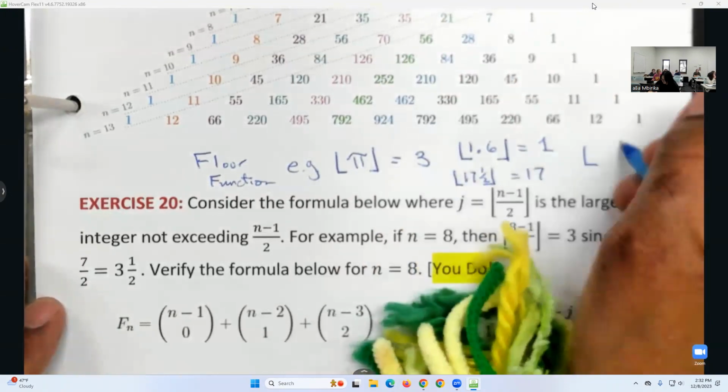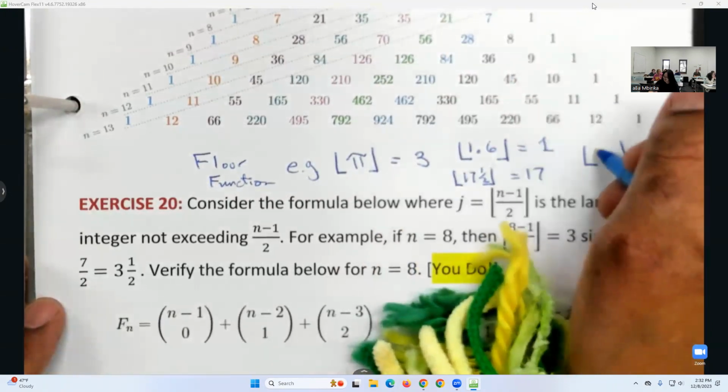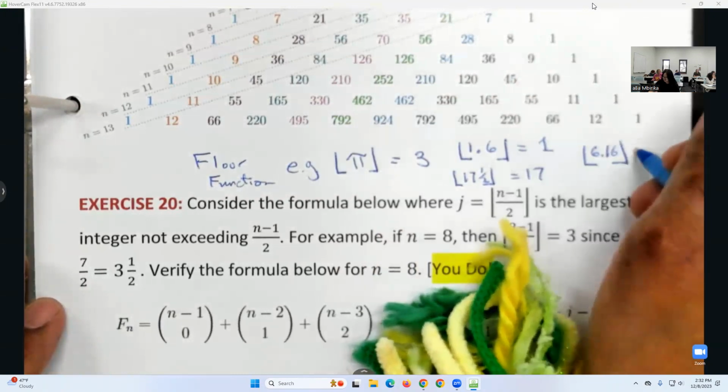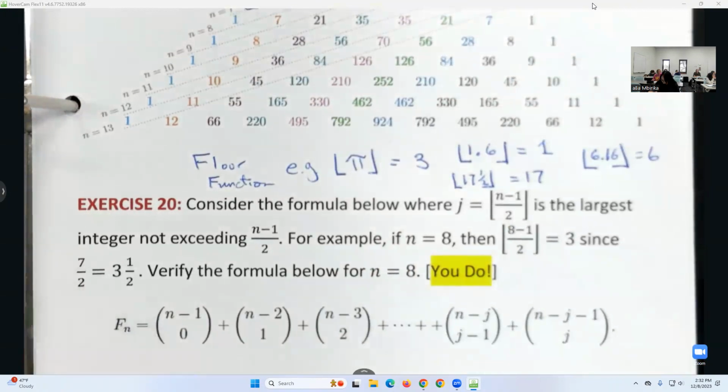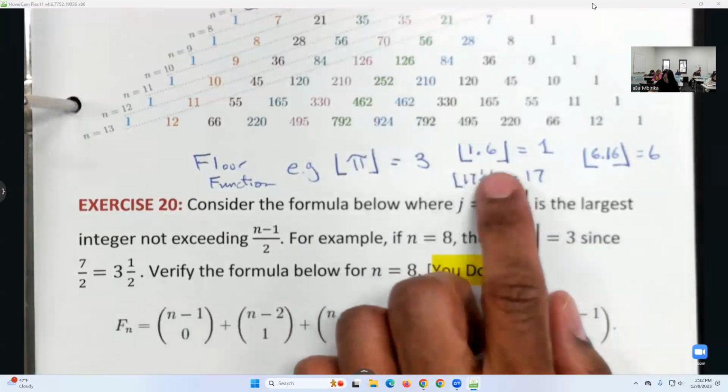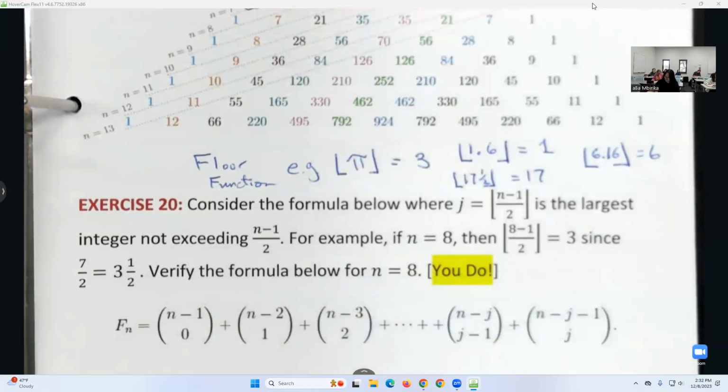The floor function of 6.166. What do we think the floor function is doing? It rounds down. Totally. It rounds down to the nearest integer. Hence the floor. If we turn these symbols upside down, we get the ceiling function, which has applications in other areas of math. But we want the floor here.